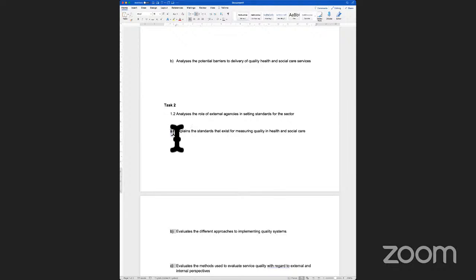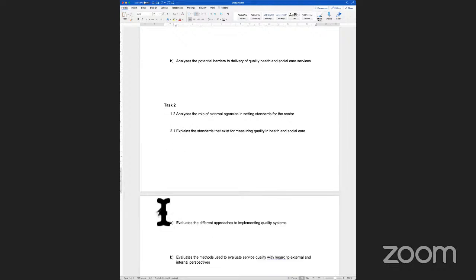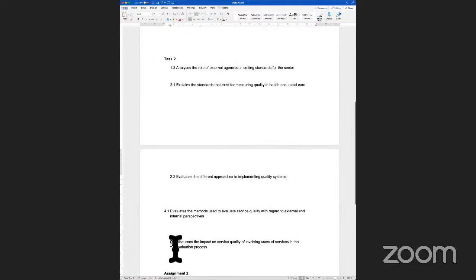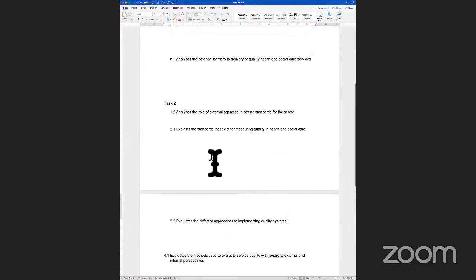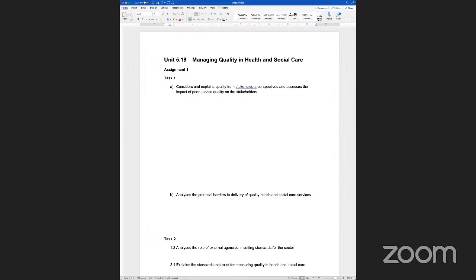This is 2.1. This one is just basically putting the structure of the document right now, 4.1, and then 4.2. And then the first 3 essentially were looking at 1.1, and this was 1.3. So this is 1.1 and 1.3, and this is 2.3.